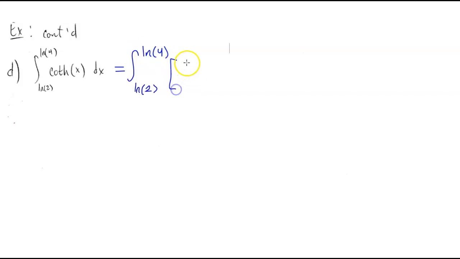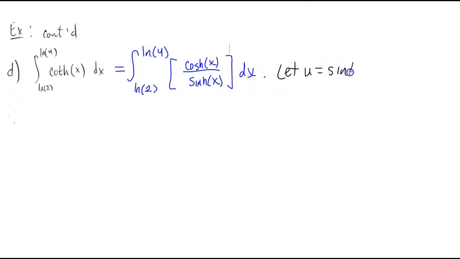So here I'm going to write it like that: cosine hyperbolic of x over sine hyperbolic of x dx. And so here what we will do is we'll let u equal sine hyperbolic of x. Then from there we know that du is just going to be cosine hyperbolic times dx.